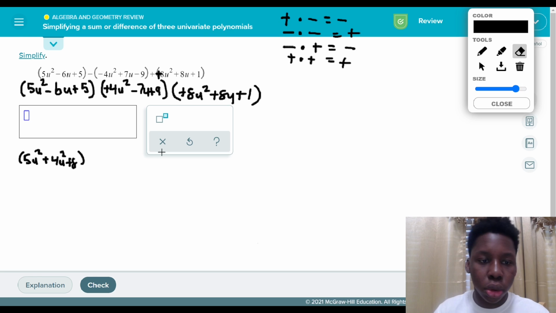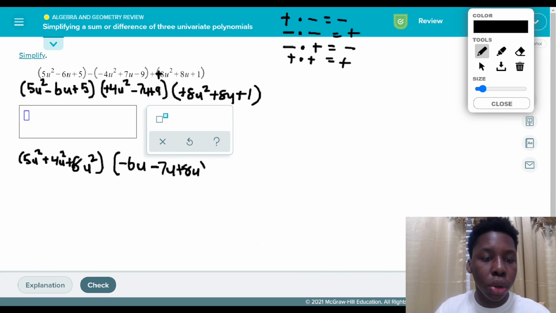Then we have to group the u's: minus 6u minus 7u plus 8u. And the next one are the normal numbers: plus 5 plus 9 plus 1. Now we're down to all these groups.